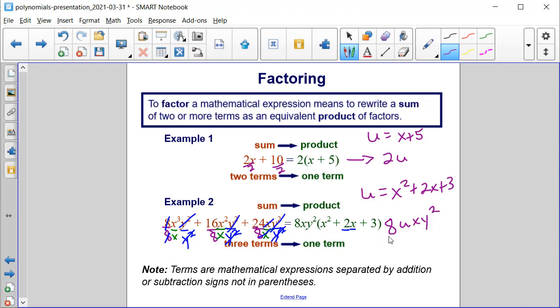And clearly, this is one term. And again, if you were to substitute this back in for u, you get this exact one-term expression that we have as our answer.